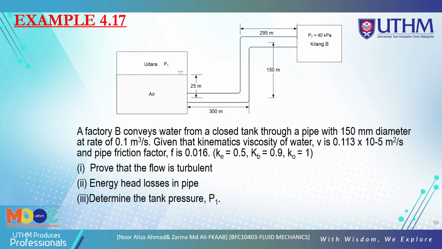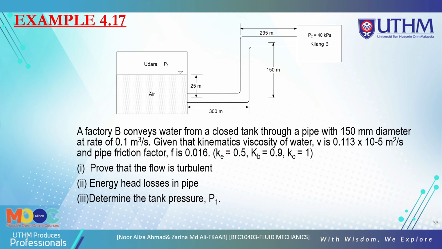Now we look at example 1.17. A factory B conveys water from a closed tank through a pipe with 150 mm diameter at a rate of 0.1. The kinematic viscosity of water is given, and the pipe friction factor is 0.016.